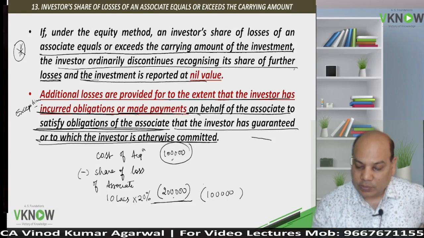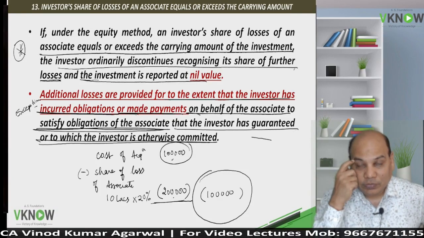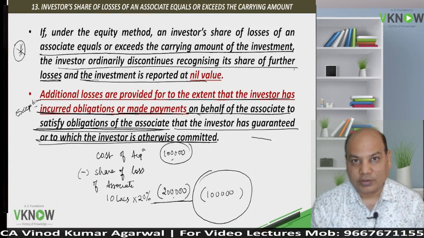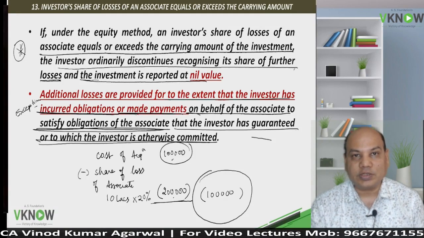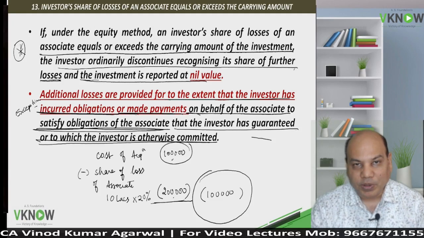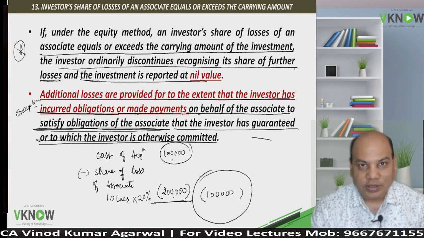So if you are committed to pay for these losses either in the form of a guarantee or any other way, then in that case additional losses will be provided. Otherwise additional losses will not be provided if the investor does not have any obligation, does not make any payment on behalf of the associate, or has not given any guarantee.